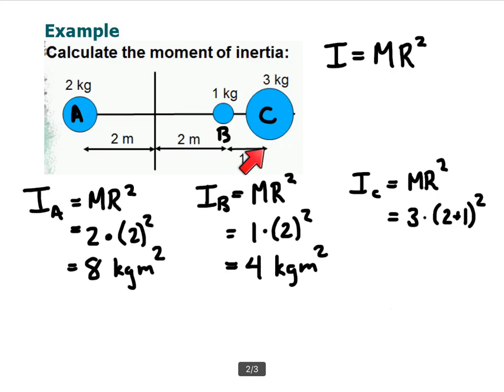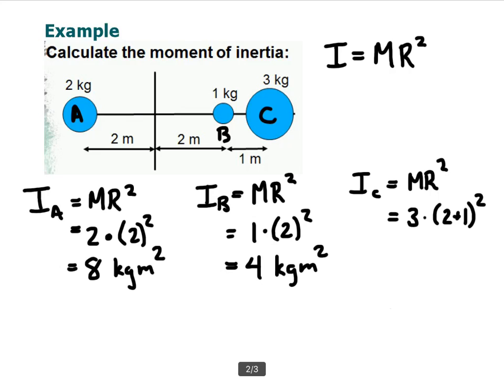I actually need to figure out its total distance to the axis. And that ends up being 2 plus 1, which is 3. So don't just plug and chug numbers in from the diagram. Make sure that what you're plugging in here is actually the distance that object is away from the axis of rotation.